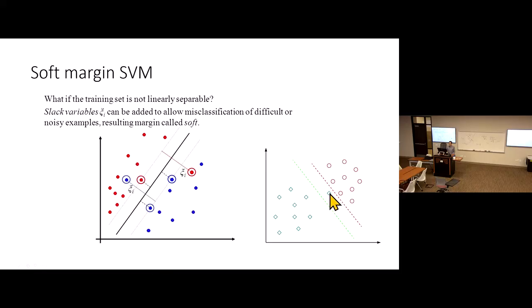For instance, this may be too close. If you decide to only use this right line as a separation, you will have a very narrow margin, and your new data points coming in may be misclassified into one group. But if you ignore this noise point, and select this as a soft margin, this may be more robust, okay?